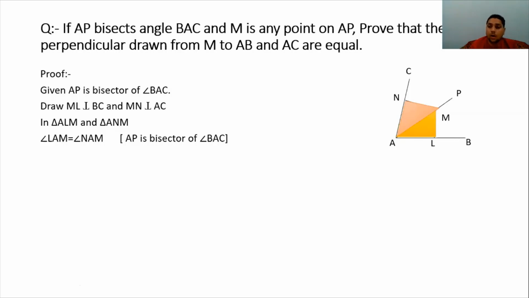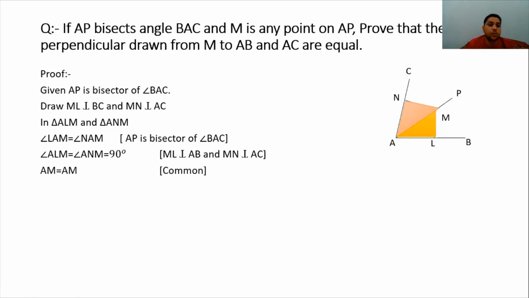So these two angles are equal. Then this angle is 90 degrees because ML is perpendicular on AB, and MN is perpendicular on AC, so this angle is also equal to 90 degrees.